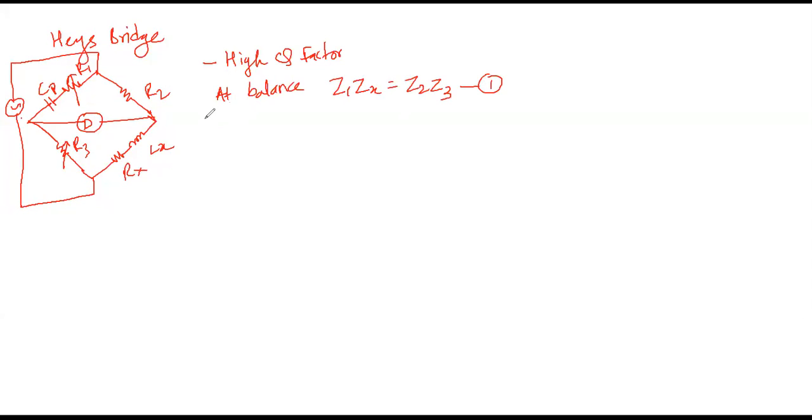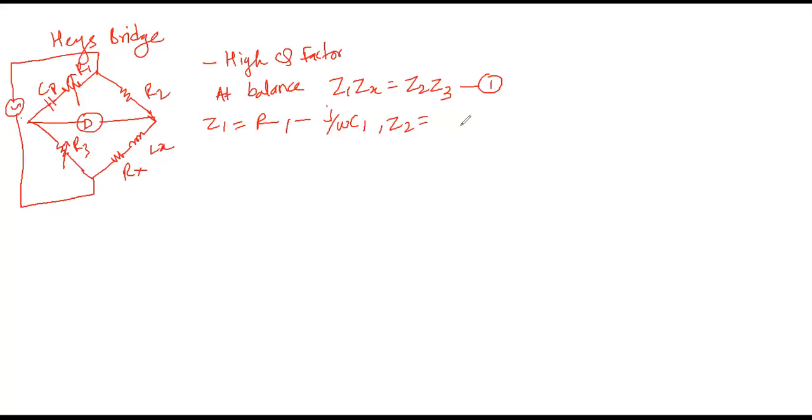Then tell me, Z1 is in series. In de Sauty bridge we have solved this. If a capacitor is in series, then what will we write? Yes, who is going to give the answer? Z1 is R1 minus j divided by omega C1.